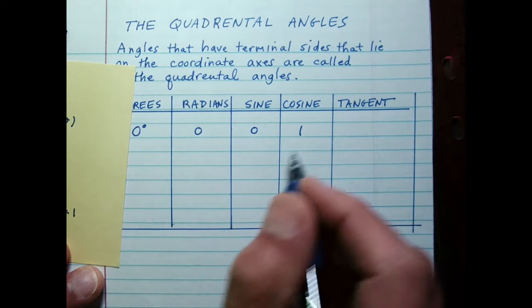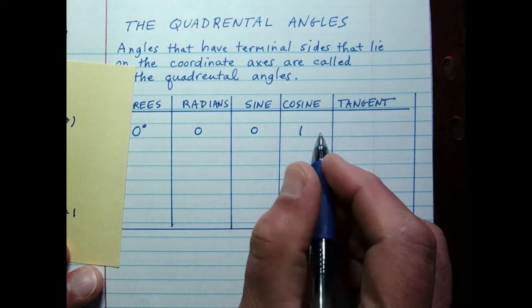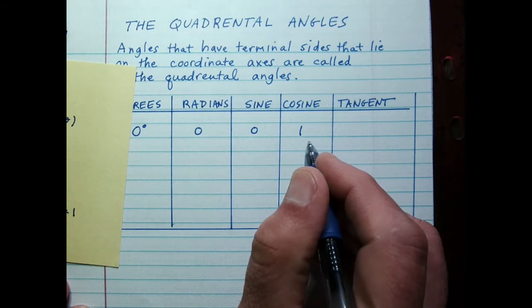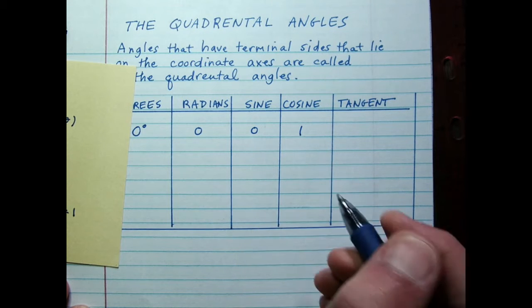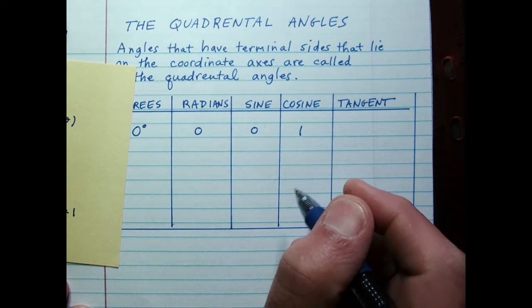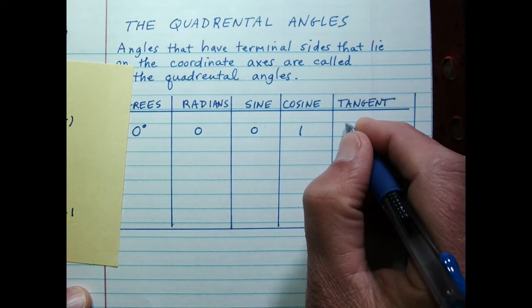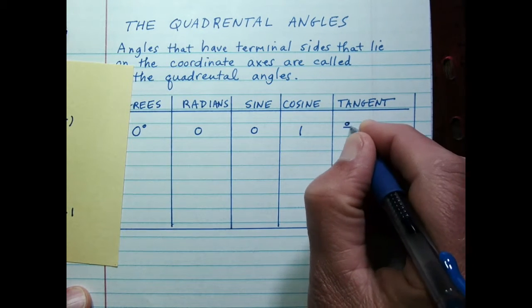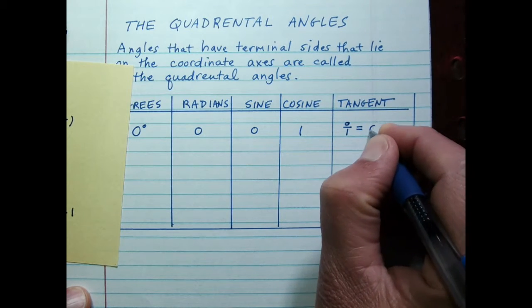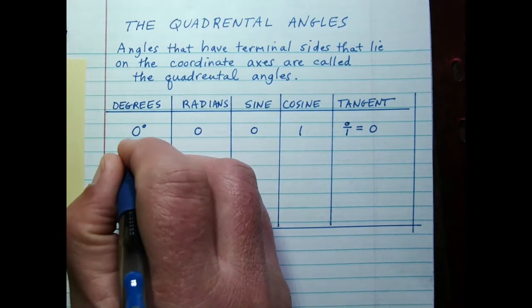So it's kind of surprising. Sine of 0 is 0, but cosine of 0 is 1. And then tangent, we can always get by taking sine over cosine. So 0 over 1 is 0. Tangent of 0 degrees is 0.